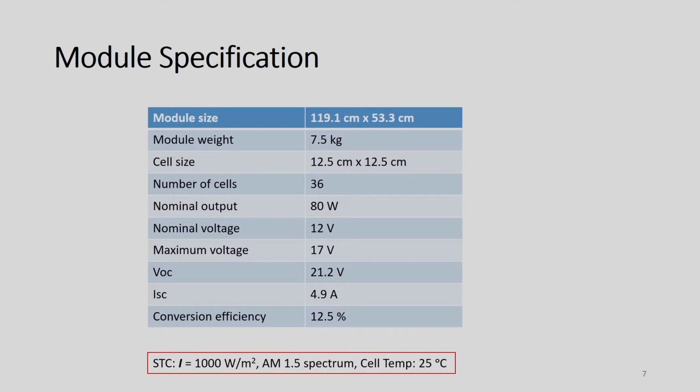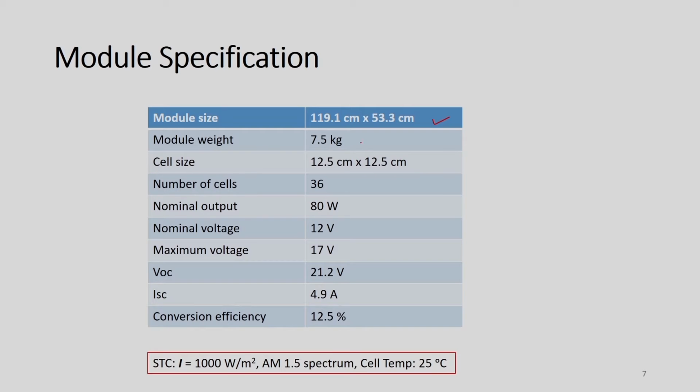Here module size is about 119.1 centimeter by 53.3 centimeter, and of course, there are multiple options of fabrication of modules, and these are internationally accepted, but normally these modules are widely available and practically used.